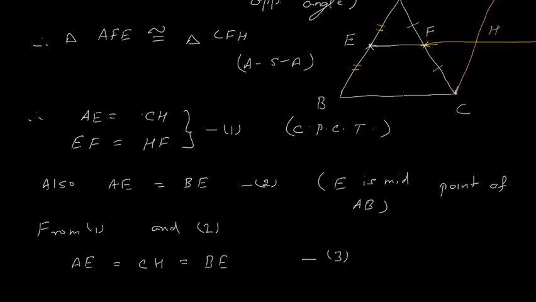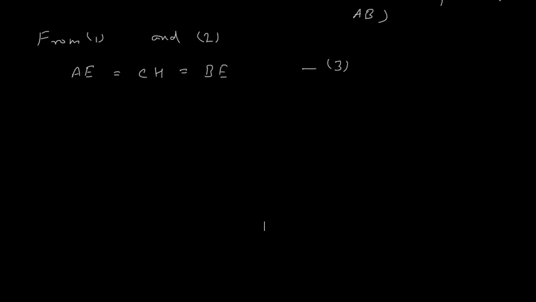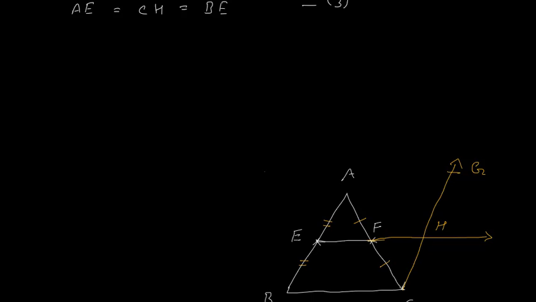Now in quadrilateral BCHE, side BE is equal to side CH.